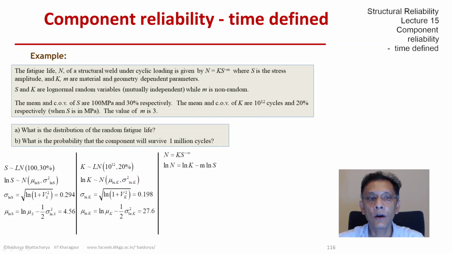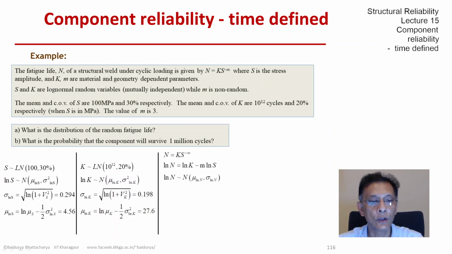So taking log on both sides, log of n is a linear combination of log k and log S, m being a constant. So therefore, we have a linear combination of normals, which means log n is normal, which means n is log normal.